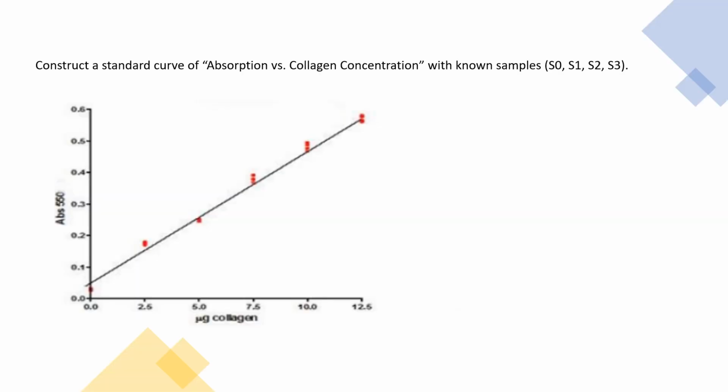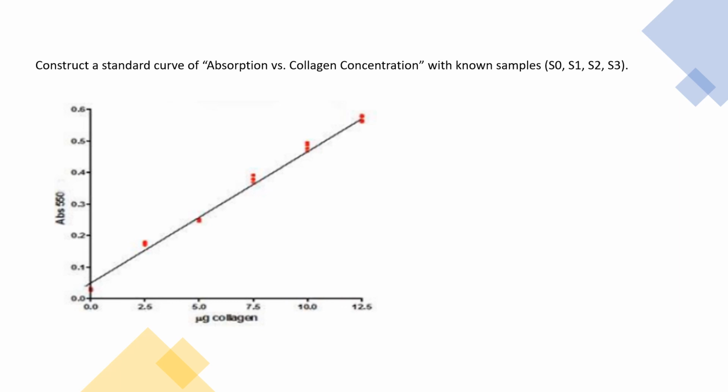So now that we have measured the absorbances for all our samples as well as our known collagen standards, we can then proceed to plot the data of our known samples S0, S1, S2, and S3 with their corresponding measured absorbances, which we just did with a microplate reader for our collagen known standards as well as for our samples themselves.